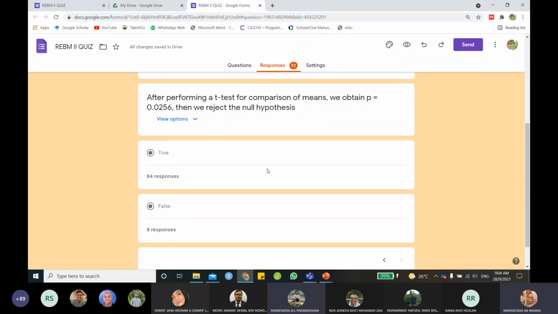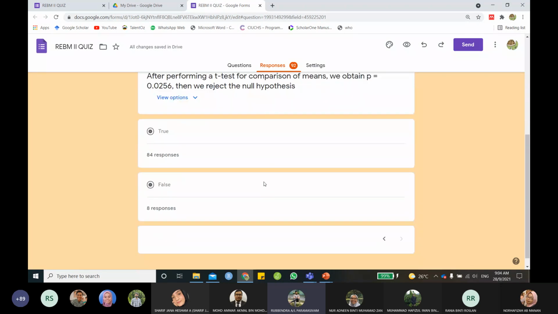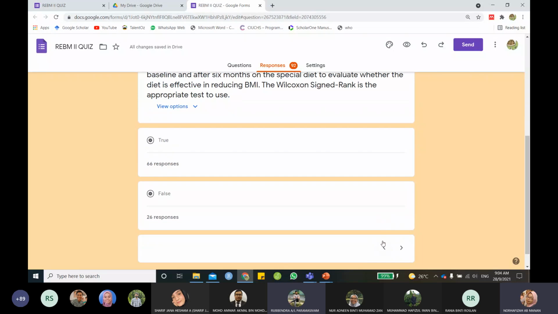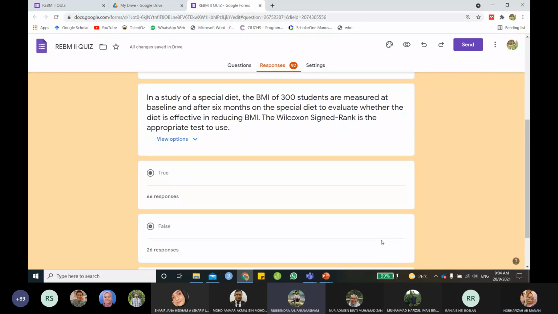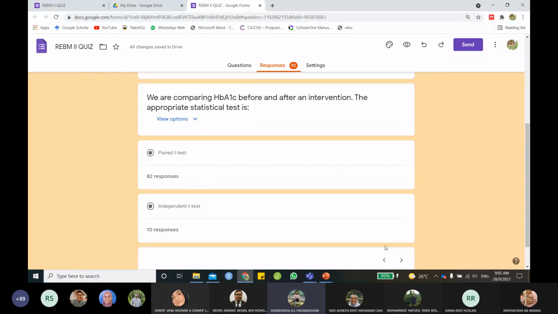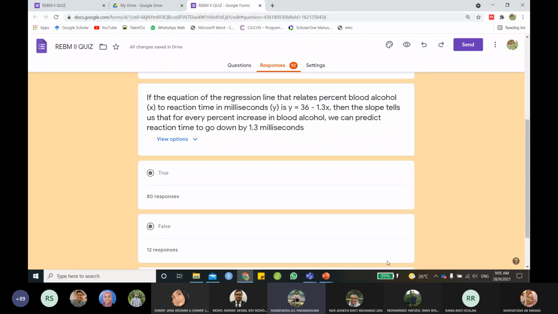Doctor, can we look back at the linear equation question? The one where we have y equals 36 minus 1.3x. This one, yes. The question said that the reaction time goes down by 1.3, but that's not true, the reaction time goes down by 36 minus 1.3.